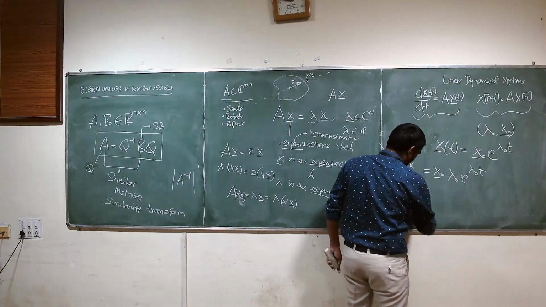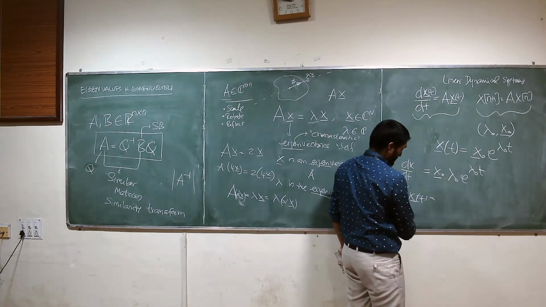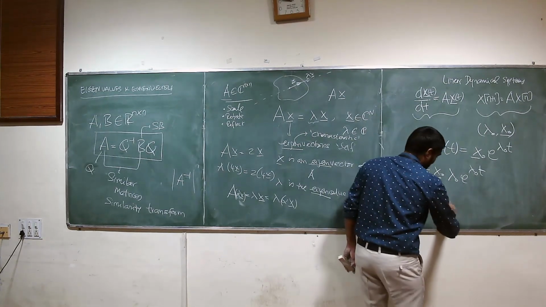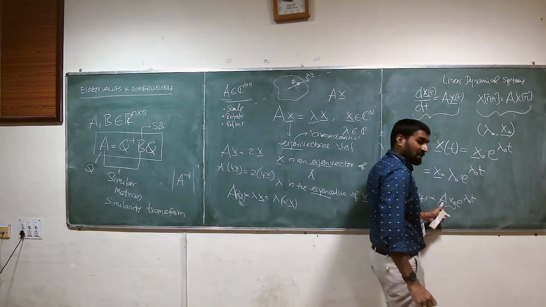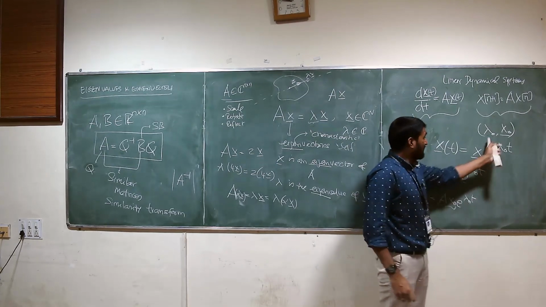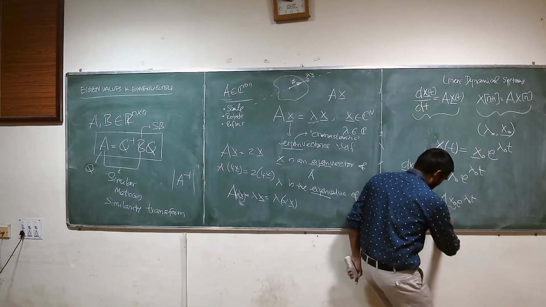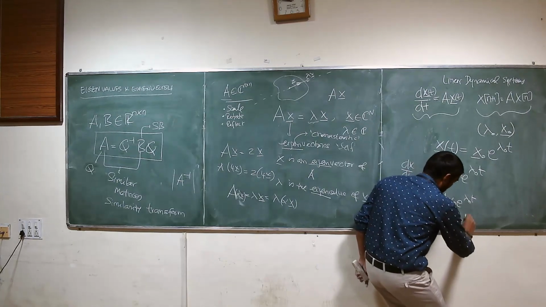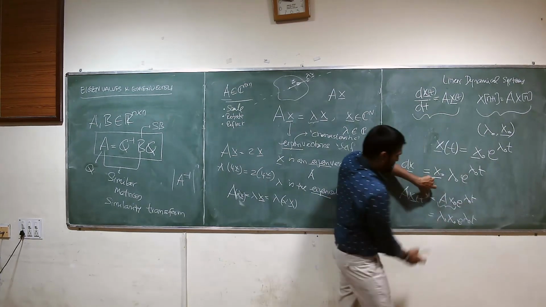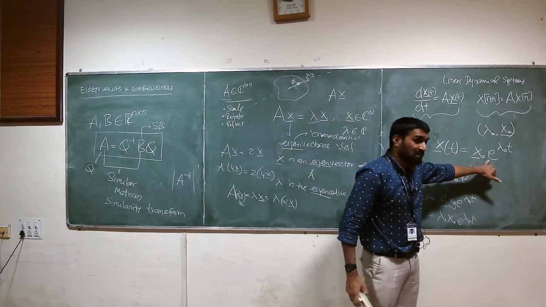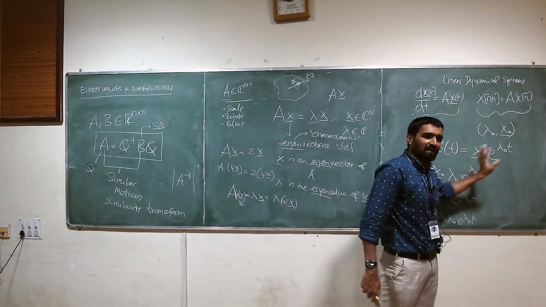What about Ax? We've assumed x of t to be so. This will be A times x naught e power lambda naught t. But x naught is an eigenvector of A with lambda naught as its eigenvalue. That means this is nothing but lambda naught times x naught e power lambda naught t, and this is equal to the left hand side. So in fact, functions of this form are solutions to equations like that. This is an area where eigenvalues and eigenvectors are very useful.